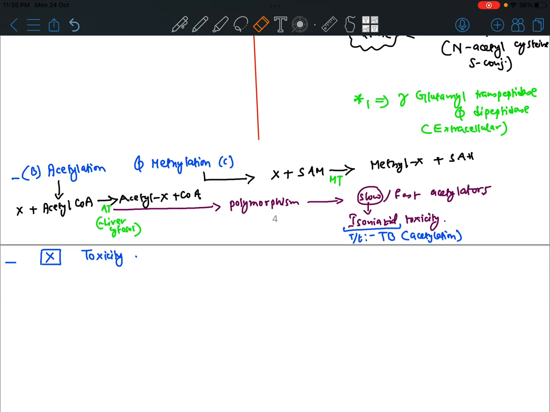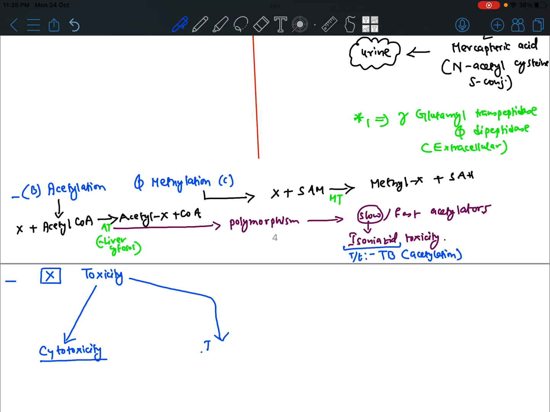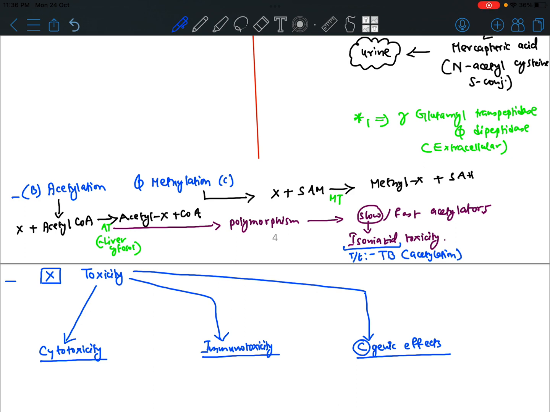We have cytotoxicity, we have immunological toxicity, so I should say immunotoxicity, we have some carcinogenic effects, right.